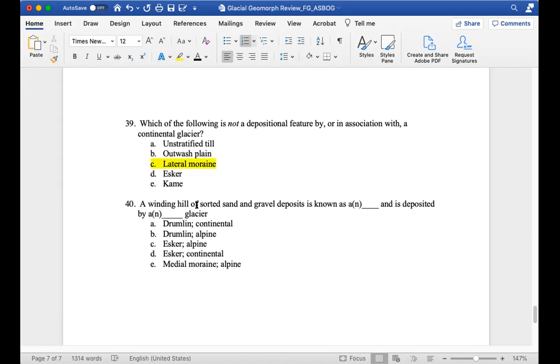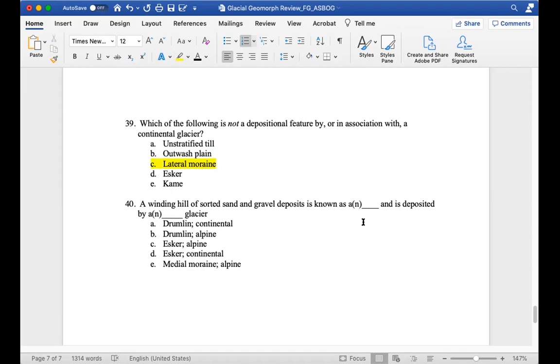A winding hill of sorted sand and gravel deposits is known as a what, and is deposited by what type of glacier? So a winding hill, anything that's winding, there are a couple of different adjectives people choose to describe a sinuous feature. Whether it's sinuous or serpentine, snake-like, winding, or S-shaped, all of those work to describe an esker.